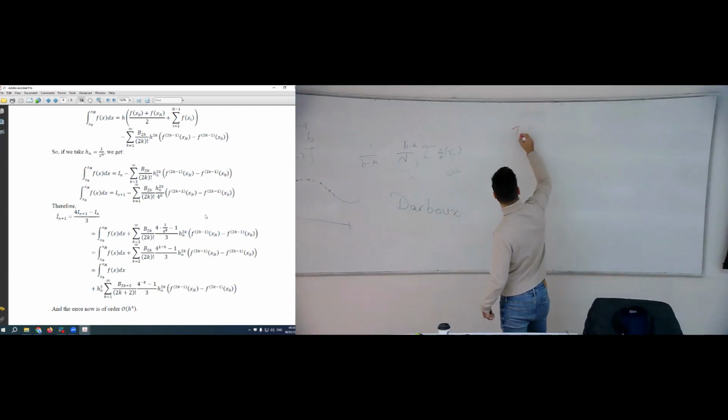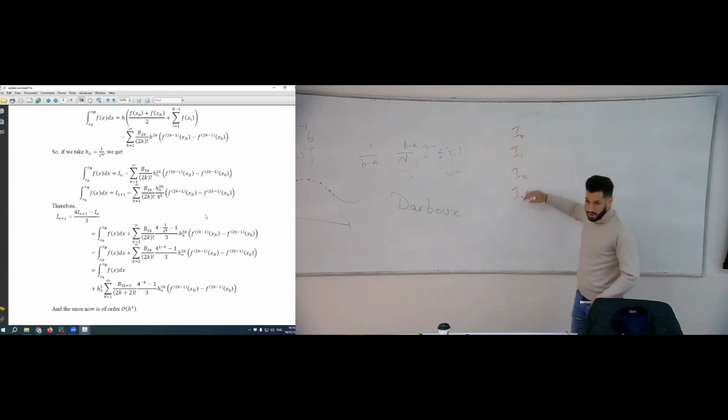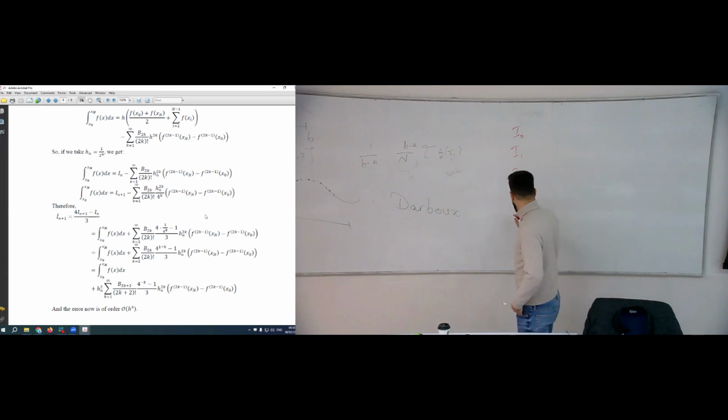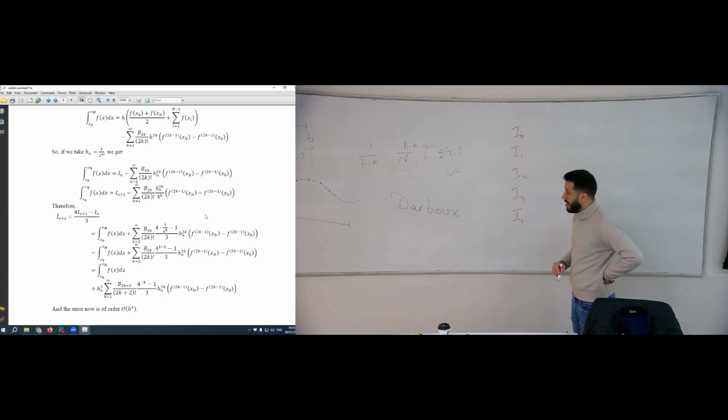So if I calculated I0, I1, I2, I3 in my recursive method, now I can calculate something called I tilde 1, I tilde 2, I tilde 3, I tilde 4.